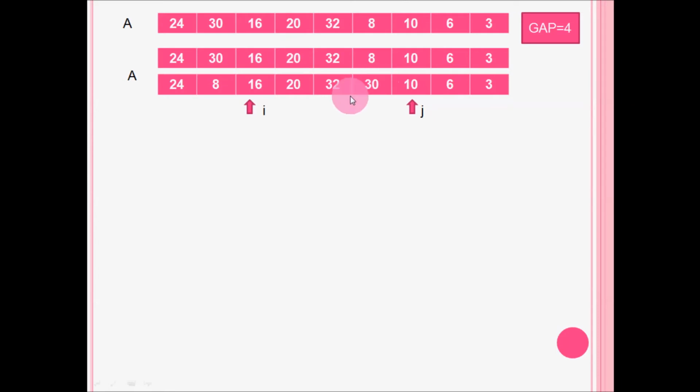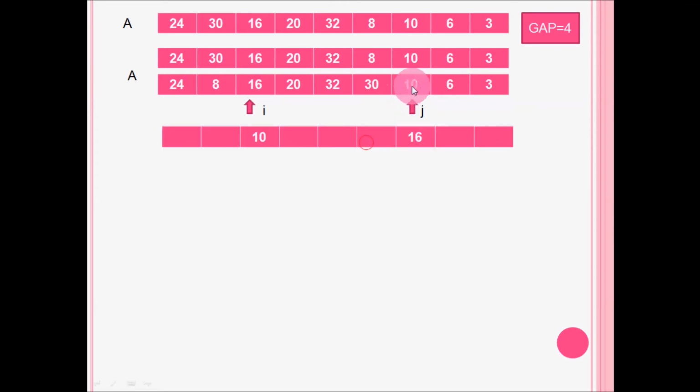Exactly what we are doing: we are incrementing J, and J minus the gap is I. Every time you can see J minus gap, 1, 2, 3, 4, is nothing but I. That is the concept behind the coding here. So is swapping needed here? Yes. So 10 is here and 16 is here. Other elements are the same. This is all happening in only one single array.